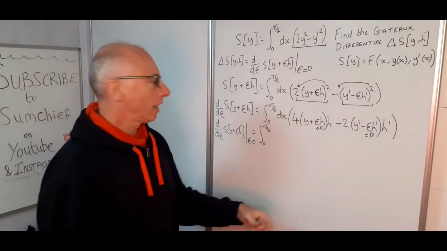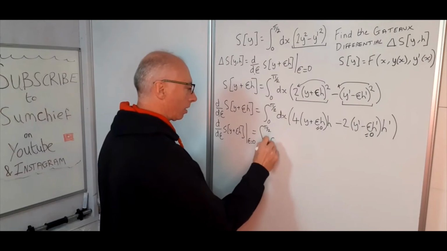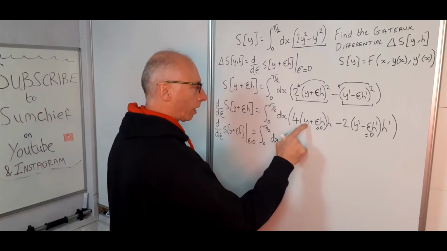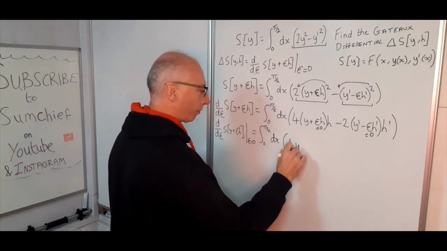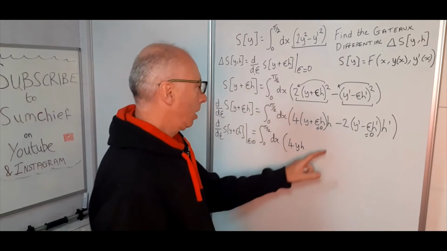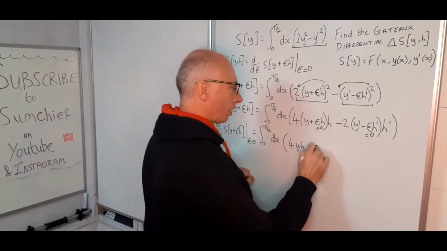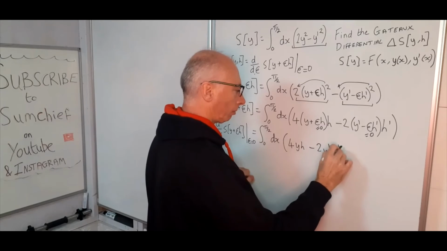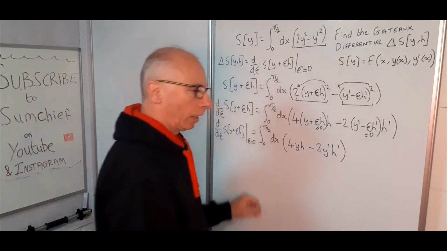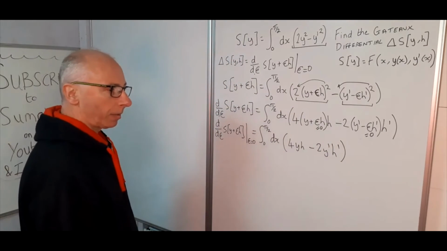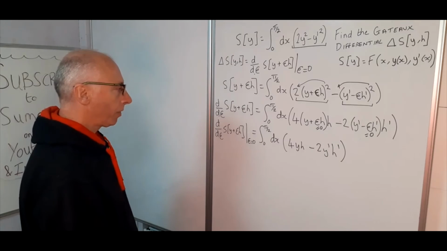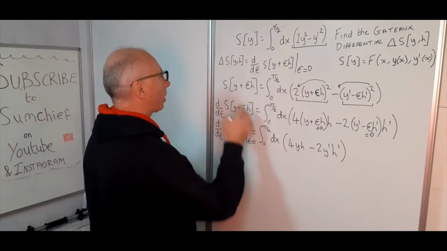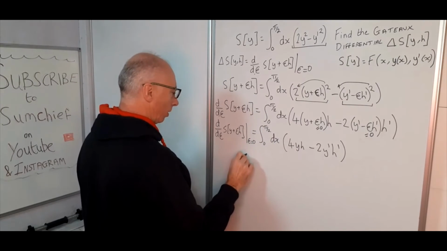So now we can just write it without these terms. So now we've got dx, 4 times y times h, and then this one minus 2y prime h prime. Okay, so what we're left with now is perhaps we could bring a 2 out front, so we can just finish off our Gateaux differential now.